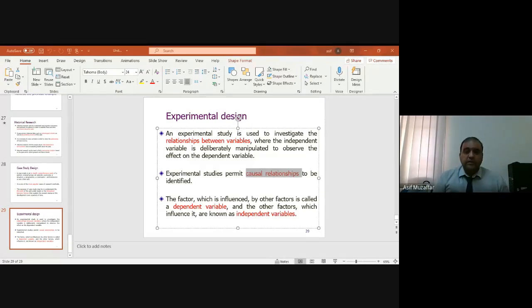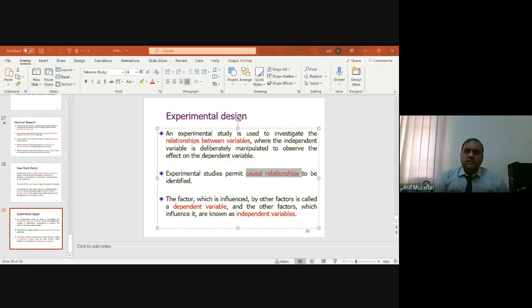Does the effect change? So that is why we call it an experimental design. You experiment on the variables' levels. You get my point? Or maybe also for the dependent. Dependent can be high or medium or low. So such kind of causal relations, we call it experimental design.